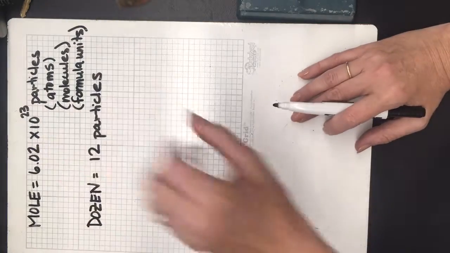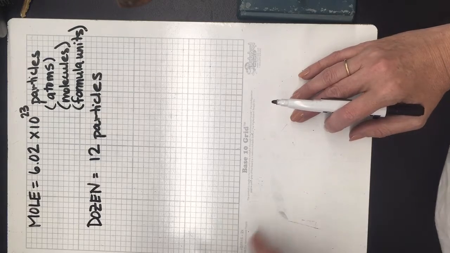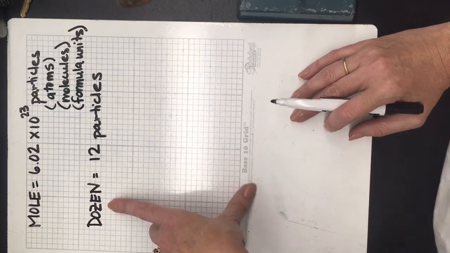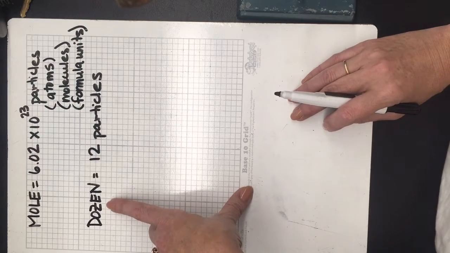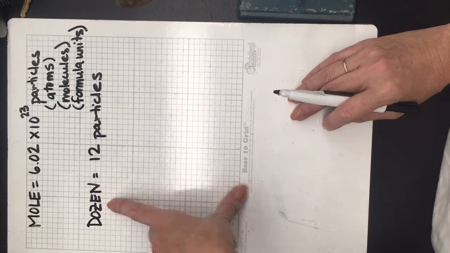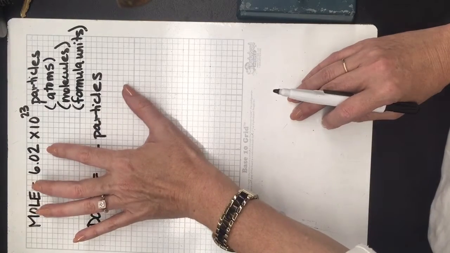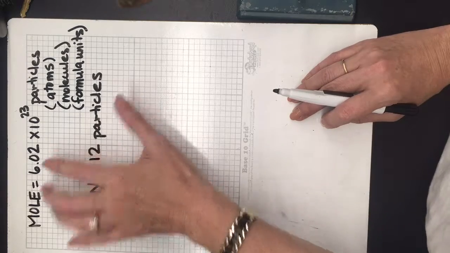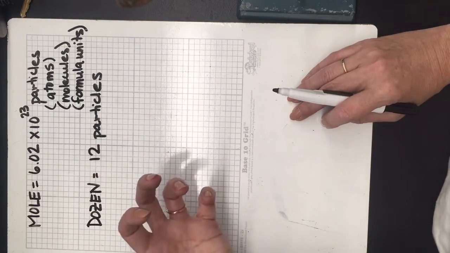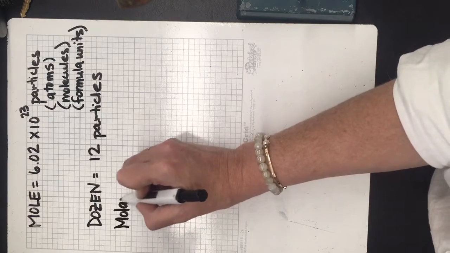Now, we can take these particles and get a mass of them. Just like I can take 1 dozen plastic forks and put them on a balance and get a mass of those dozen forks, I can also weigh out using a triple beam balance, or what other kind of electronic scale you might have, and measure those out and get a mass. Well, we call that molar mass.